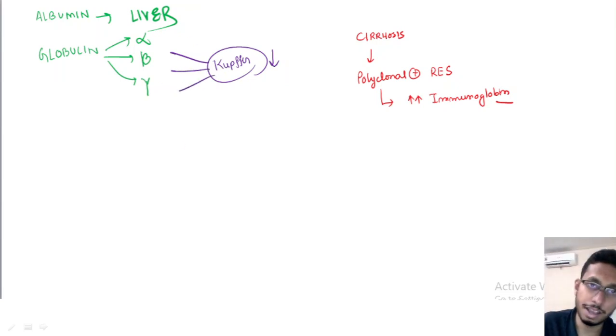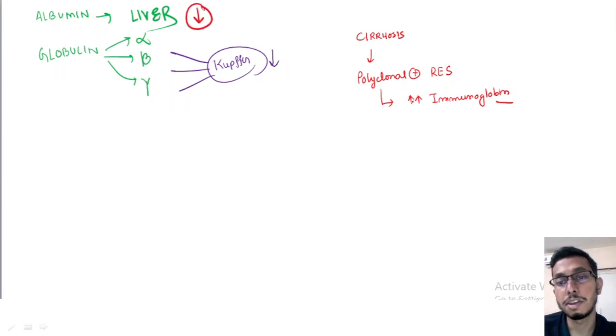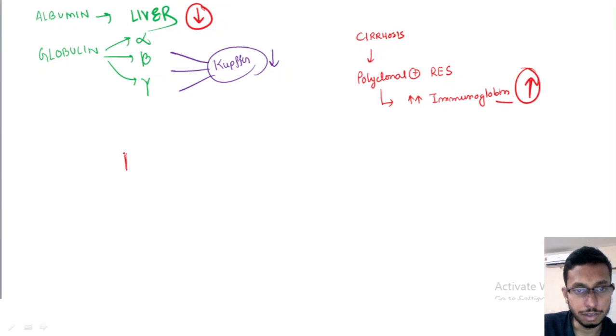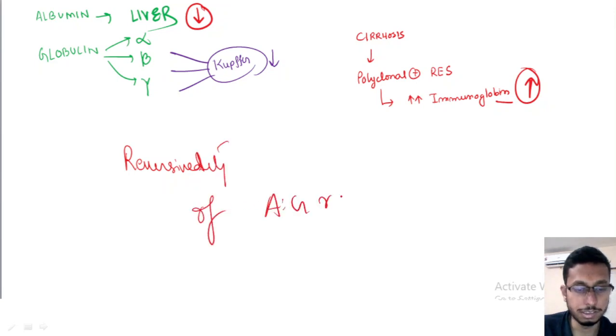Okay, so as there is liver cirrhosis, first, albumin is going to decline, and due to the polyclonal activation of reticuloendothelial system, immunoglobulin level rises, leading to reversal of AG ratio. This is the basis behind it.